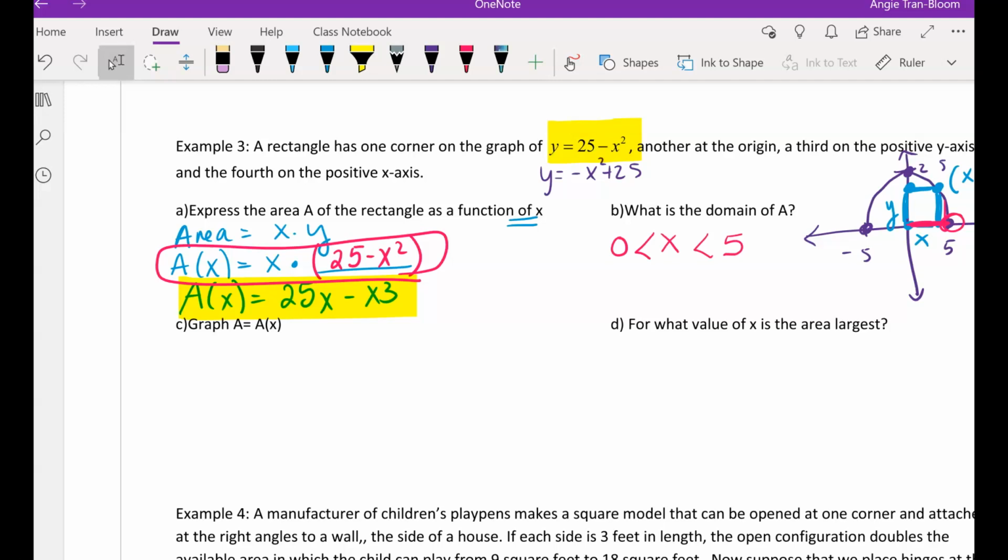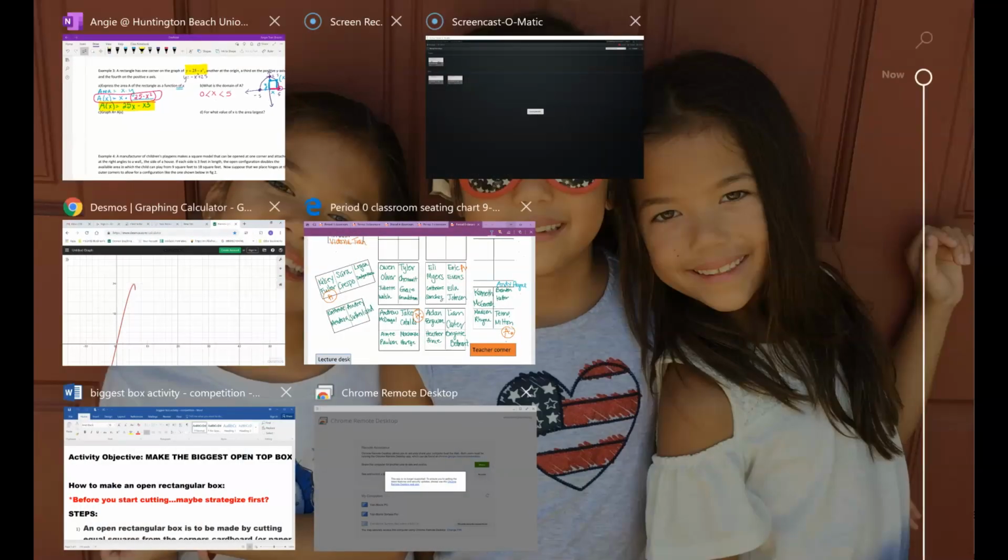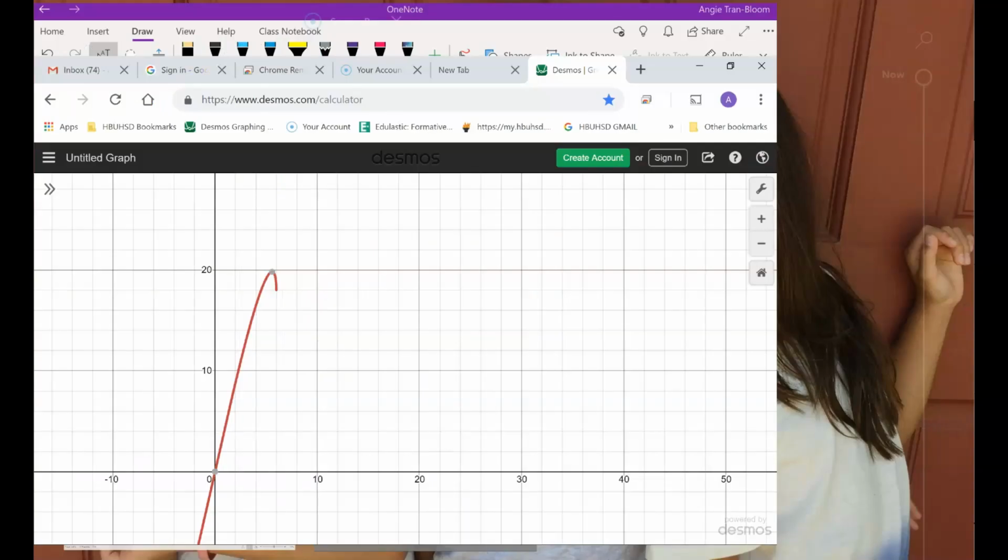Graph your area formula. Okay, let's find decimals, if it's still around. Here's my decimal, slowly coming up.